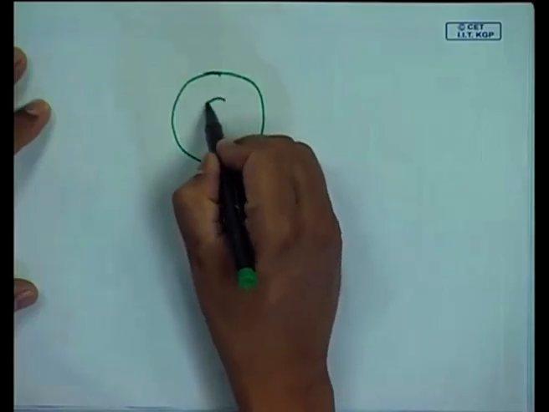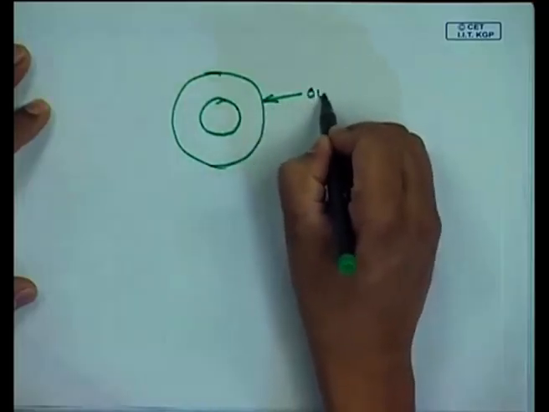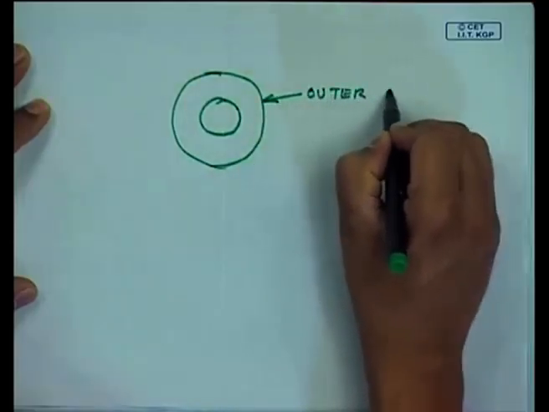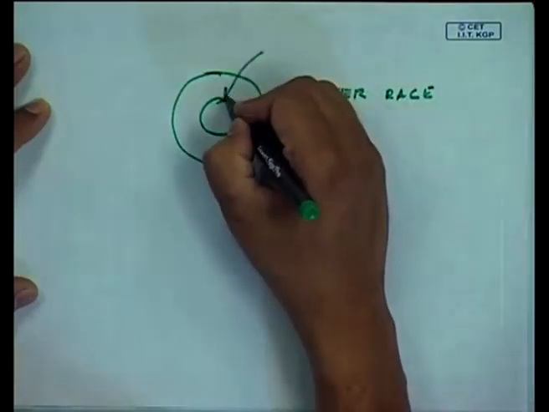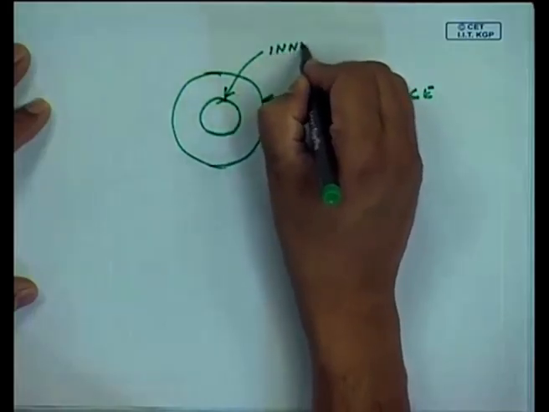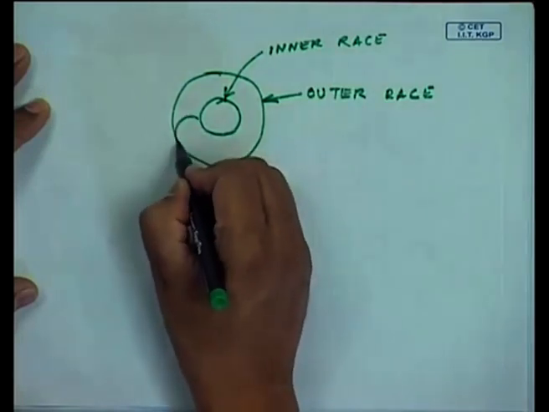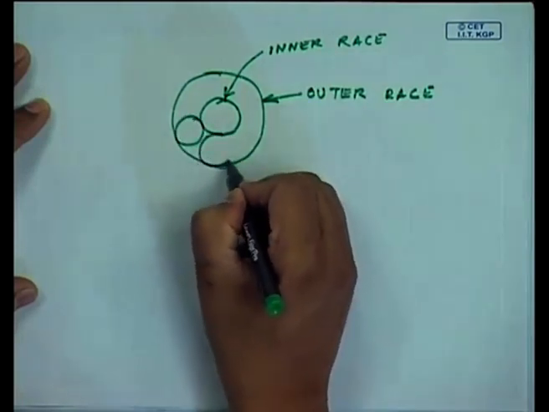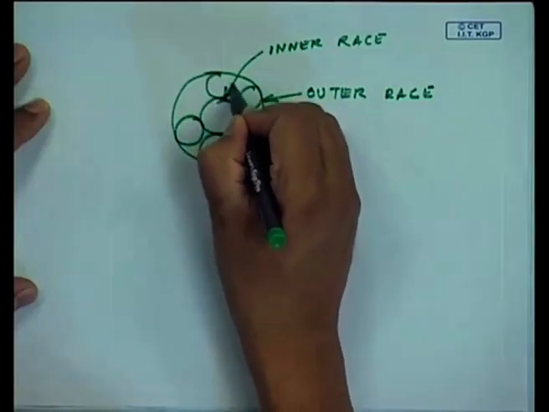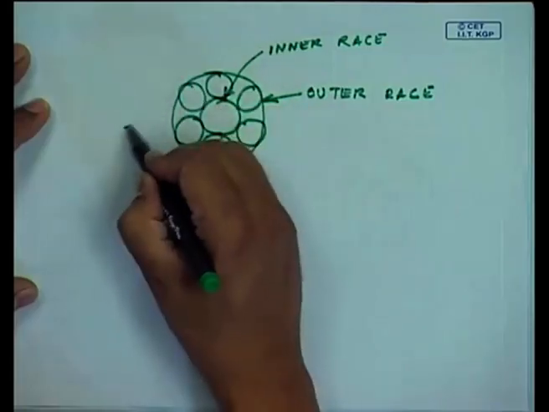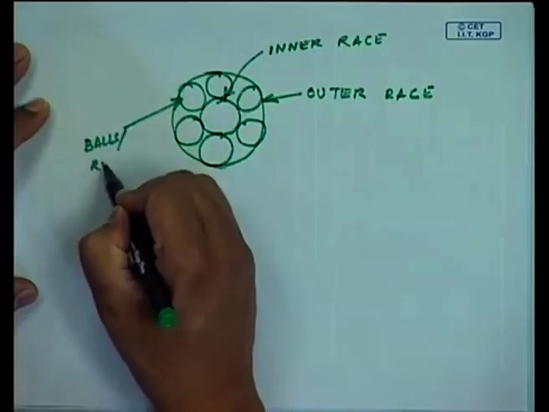Okay. So, a ball bearing actually has many elements. This is known as the outer race, which is usually stationary, and this is the inner race, and these are the rolling elements, the balls or rollers.